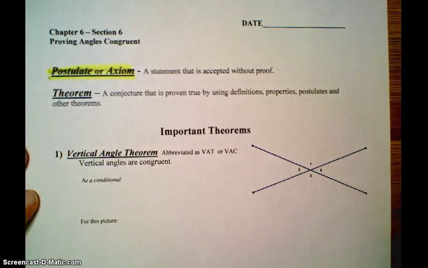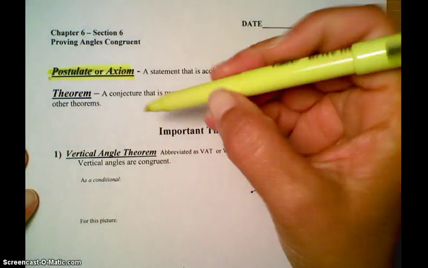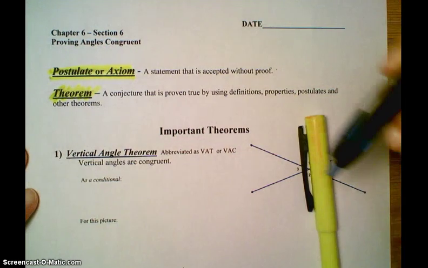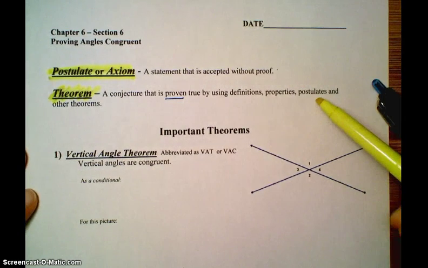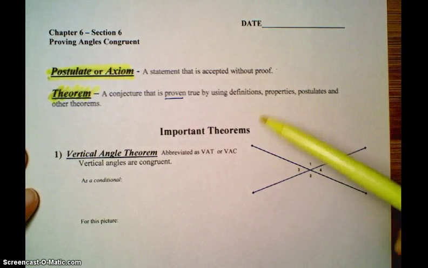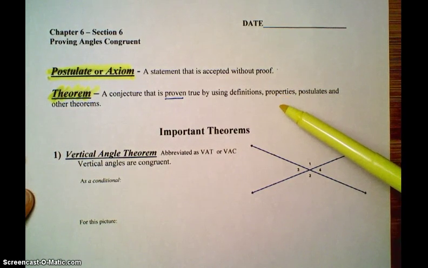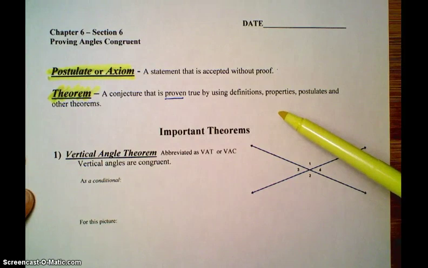A theorem is a conjecture that is proven true by using definitions, properties, postulates, and other theorems. And remember, the properties are the ones that we were introduced to in the last section, I believe, section 6-5.